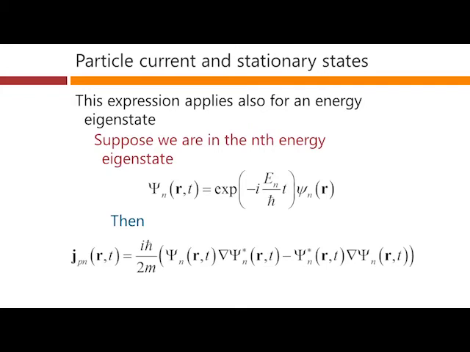Then our particle current density as a function of time for this nth energy eigenstate, well, we have our expression for that. We can just write it out here. So it's i h bar over 2m times the wave function times the gradient of the complex conjugate of the wave function minus the complex conjugate of the wave function times the gradient of the wave function.